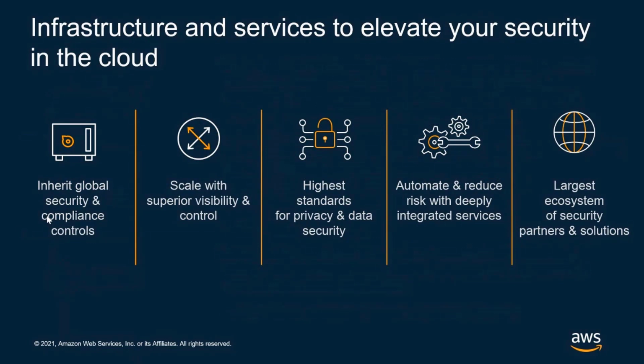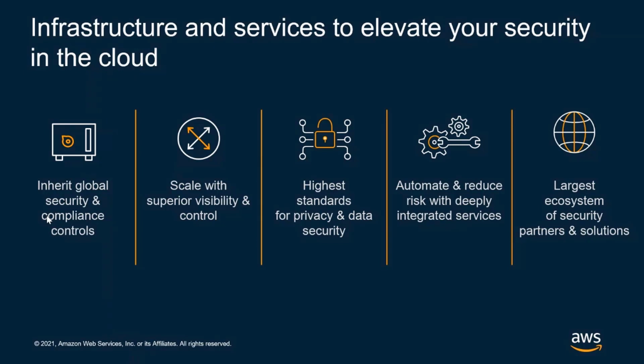Essentially we have a lot of infrastructure and services in AWS regions to make it easy to meet your security requirements, including the most stringent global security and compliance controls, the ability to scale to almost infinite scale with superior visibility and controls, the highest standards for data security and privacy.